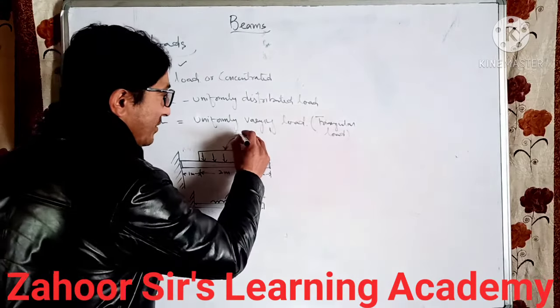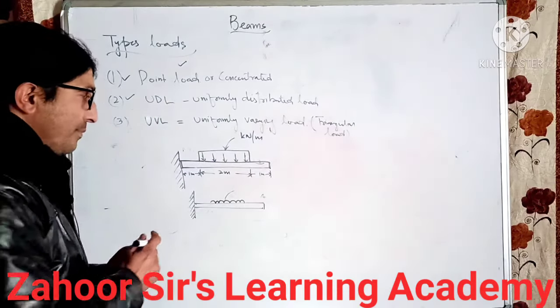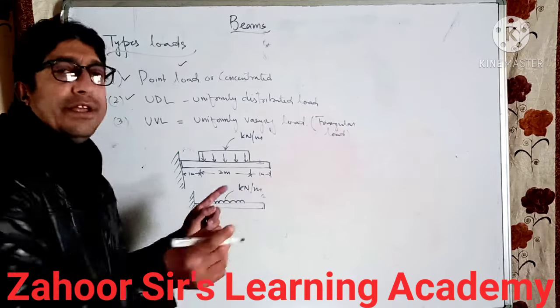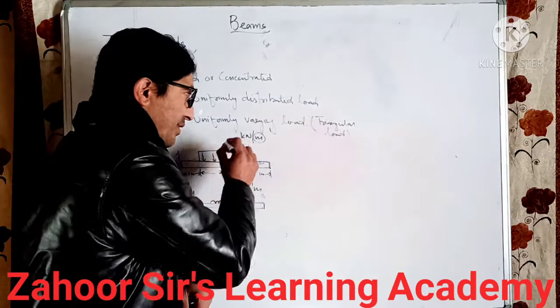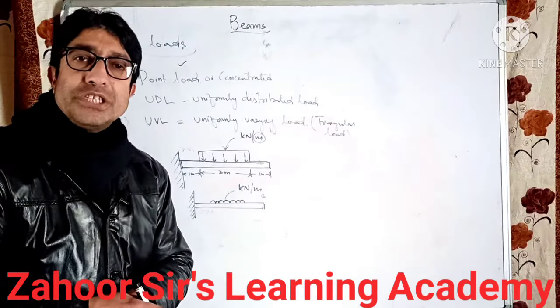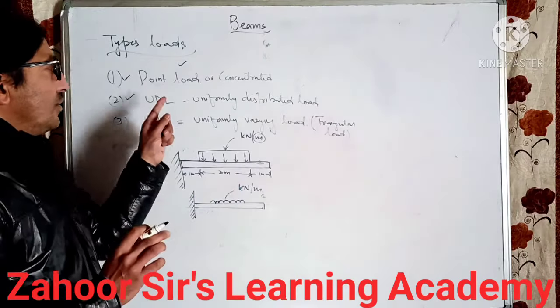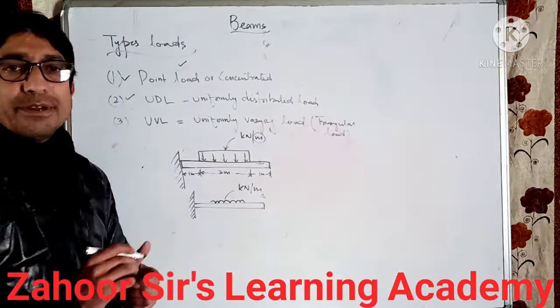Therefore the units could be kilonewton per meter, or so on if the units are changed. But it is spread over some distance of the beam. So that is called uniformly distributed load. This is the graphical representation.